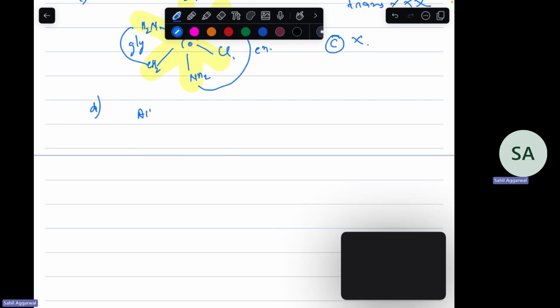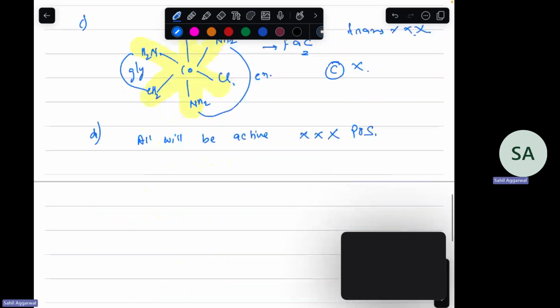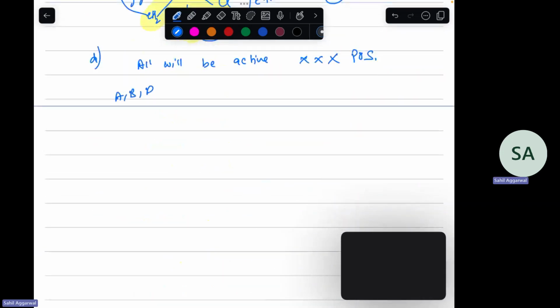Yes, all will be active because there cannot be plane of symmetry. This would be A, B and D.